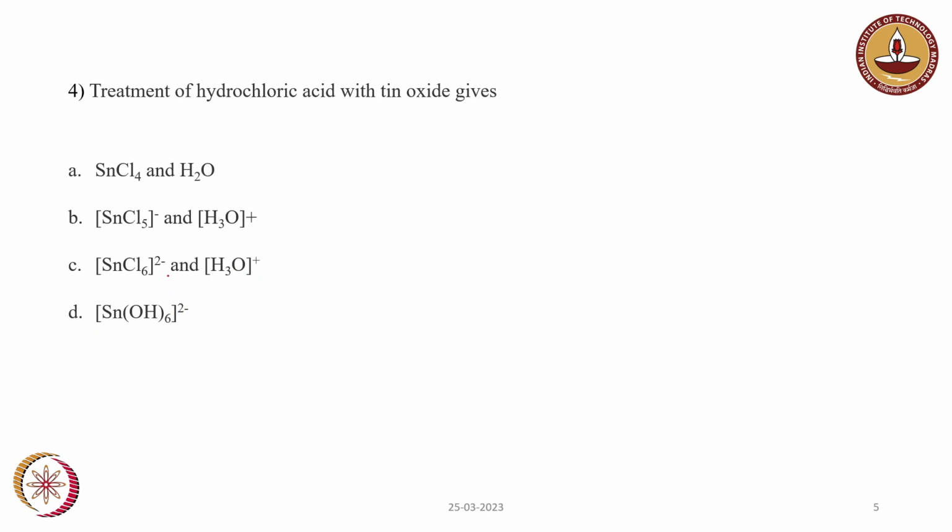So tin oxide is SnO2, and it's given as a reactant with hydrochloric acid. So it reacts with HCl. When reacting with HCl, it will give SnCl6 2 minus and H3O plus.